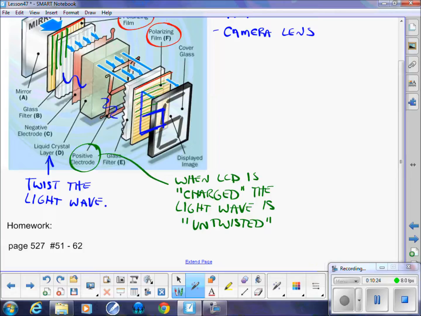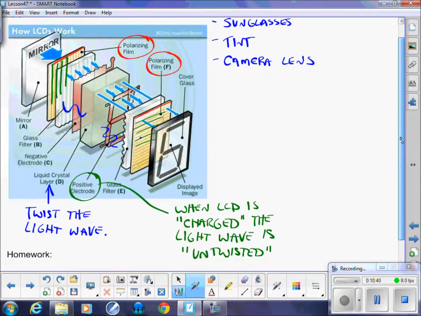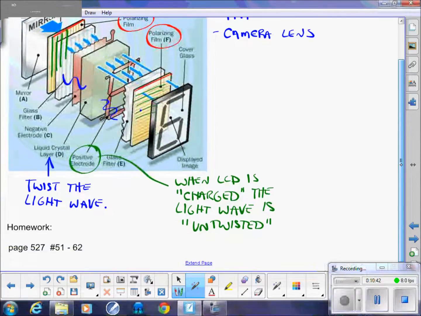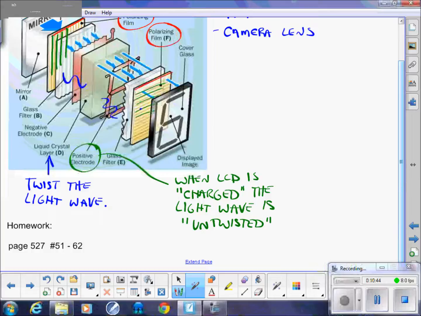And the reason is because when they came through here, that charge untwisted the light wave and had it strike it. So LCDs are a prime example of where you would see Polaroids. Most of you have probably heard of Polaroid sunglasses. And like I said, tint, camera lens, and probably you guys could come up with a bunch more.